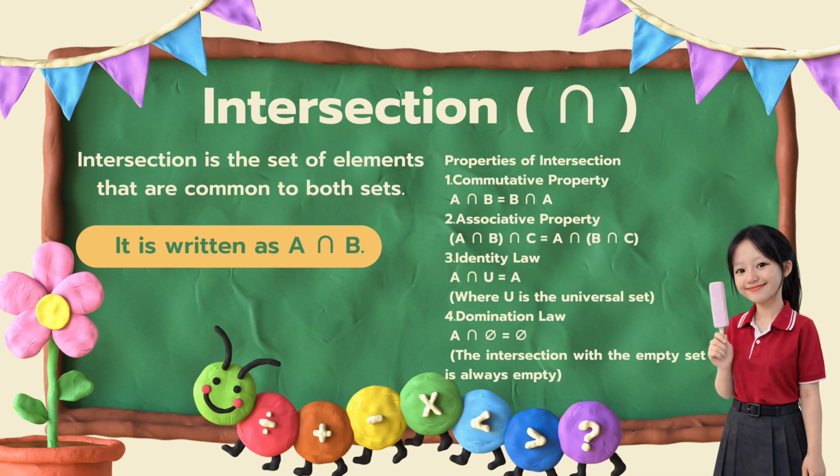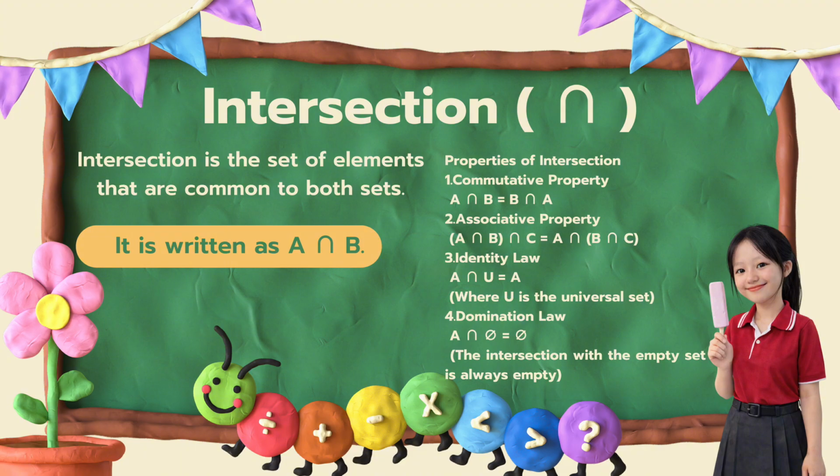Intersection. The intersection of two sets is the set of elements that are common to both sets. It is written as A intersection B, or A ∩ B. This means we only choose the elements that appear in both sets at the same time. There are some important properties of intersection. First, the commutative property.